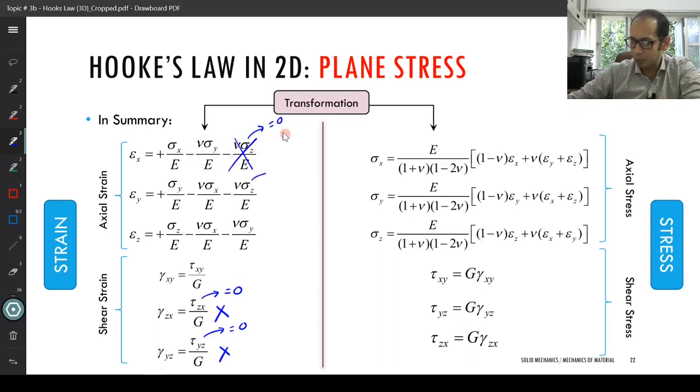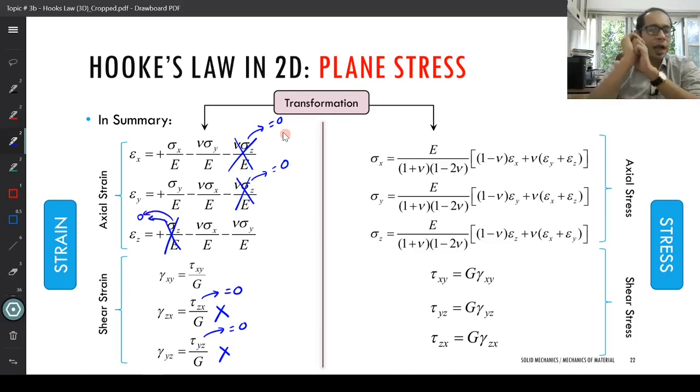In the second one also sigma z equals 0, so this is going to vanish. And in the third one over here, sigma z equals 0, so that is going to vanish as well, right? No, epsilon z is not equal to 0. Sorry, I meant to write that this particular component over here, your sigma z, is essentially 0.